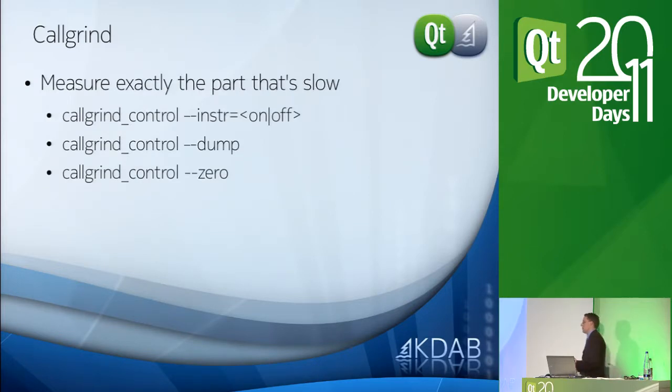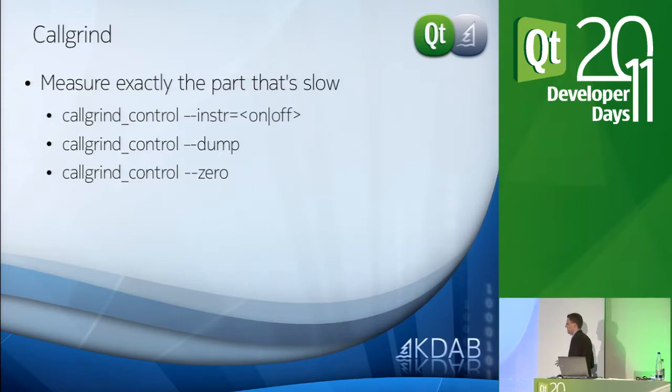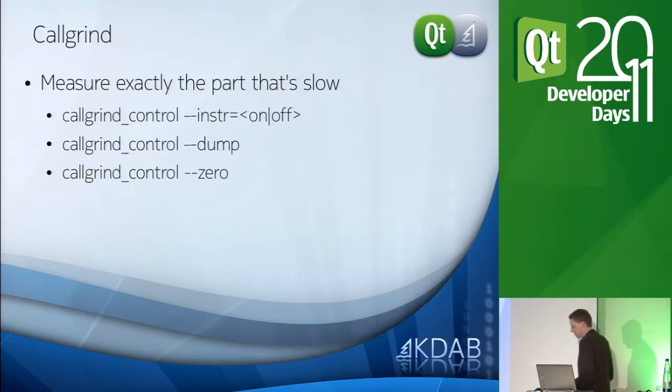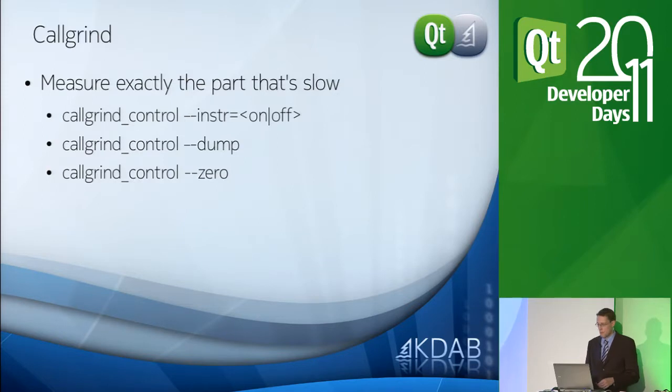But yeah, in general, and this doesn't only apply to QML, but to any kind of profiling, you need to make sure that you measure exactly the part you are interested in. So Quadrant has an extra command line tool, Quadrant Control, which allows you to enable measuring and disable measuring at certain points in time.